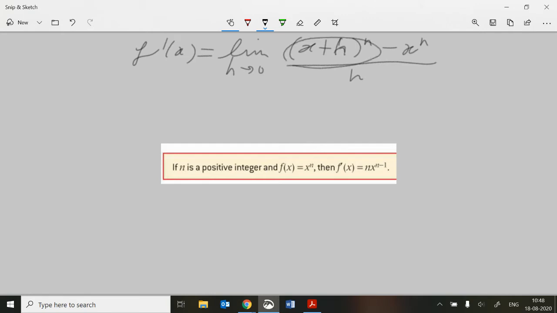Now we can expand this using the binomial expansion. Limit. I meant to say limit. Okay.